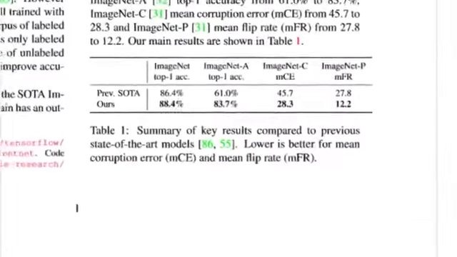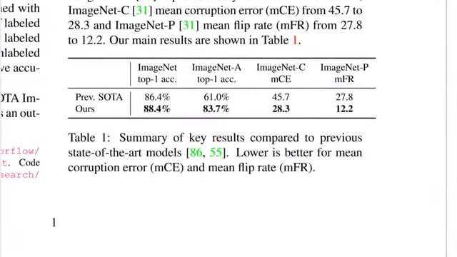Okay, this is basically it. And as you can see, this is their main final result, where they say on ImageNet, our top 1 accuracy increases right here. And even on these subsets of ImageNet, or these sort of corrupted sets of ImageNet, they make even more substantial improvements, as you can see here.